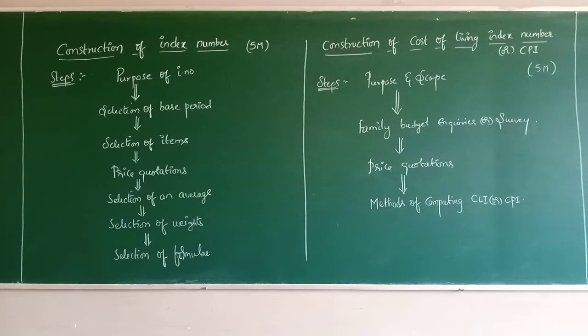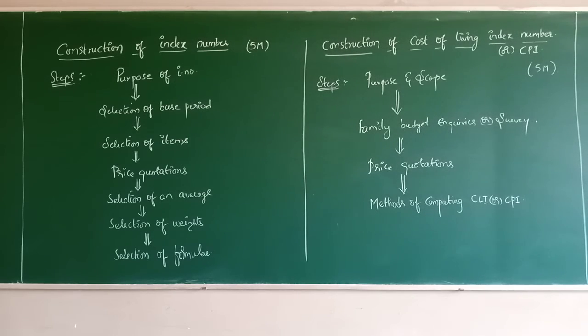And the third one is, depending upon the situation, the base period is selected as either a fixed or a chain base period. What do you mean by fixed base period?